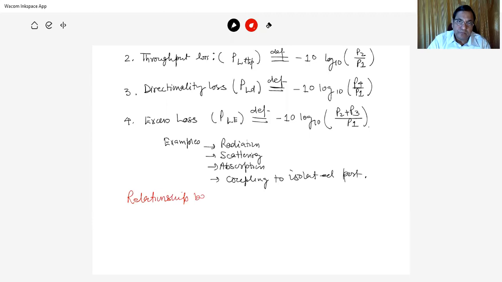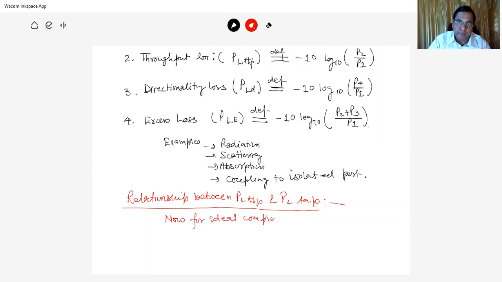Now, the relationship between PL throughput and PL tap. These are two prominent parameters. Now for an ideal coupler, we have P4 equal to 0.